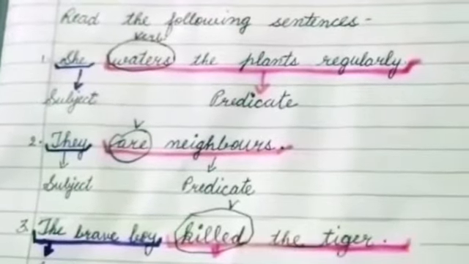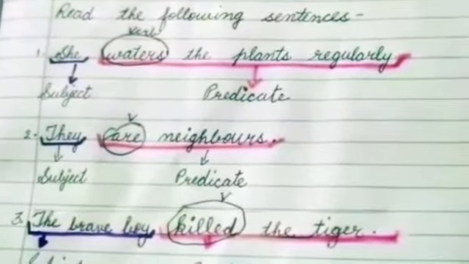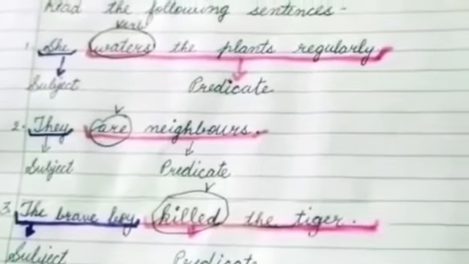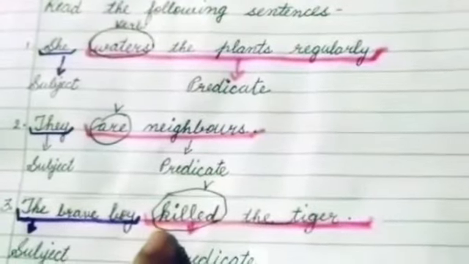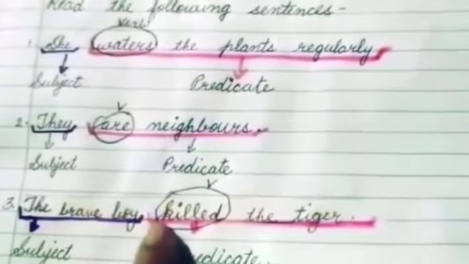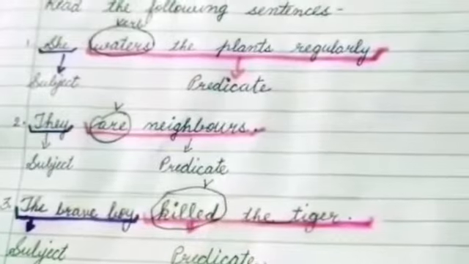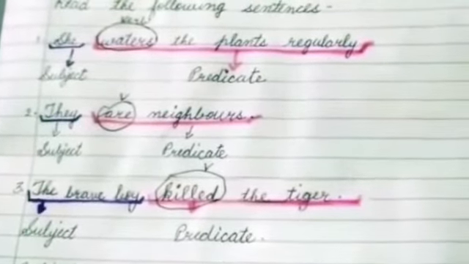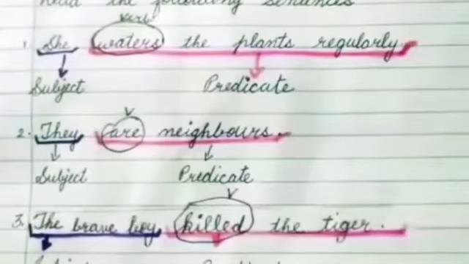The brave boy killed the tiger. Now tell me, what is the verb? Obviously, killed is the verb here. Who killed the tiger? The brave boy killed the tiger. Brave boy is our subject and killed the tiger is predicate.